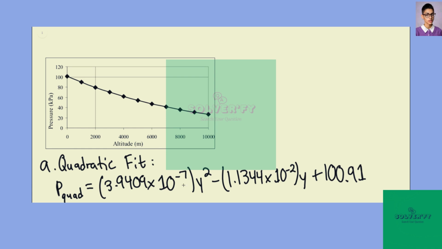So that would be the equation for this line if we wanted to use a quadratic fit.